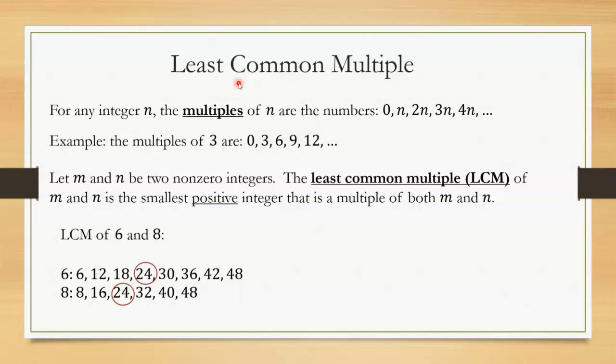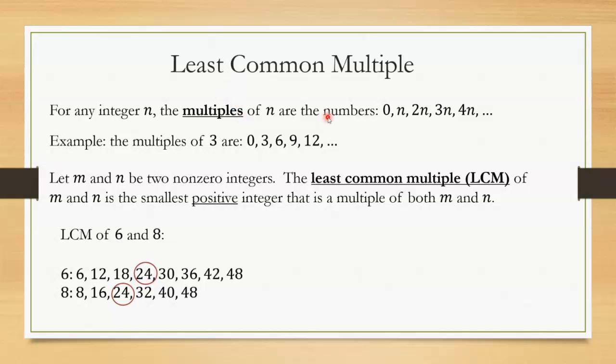What's nice about the least common multiple, you'll see when we solve these equations, is that it keeps the calculations from getting too crazy, mostly because the numbers don't get too complicated. And also, if you have to simplify your answer, with the least common multiple you'll have less simplifying to do.